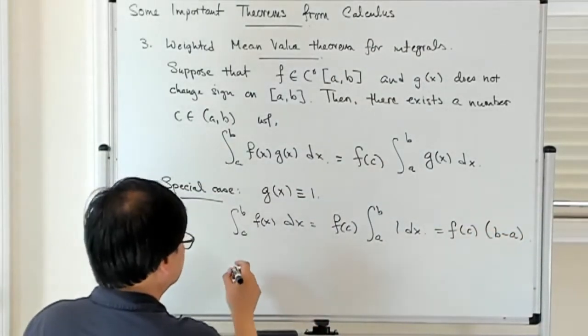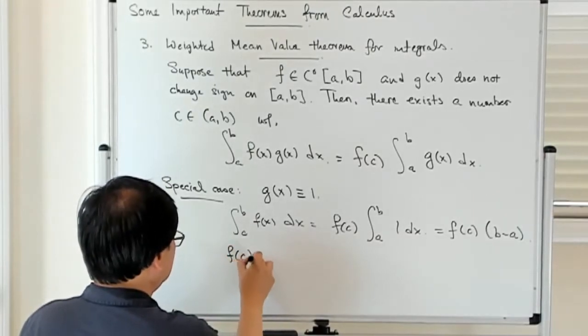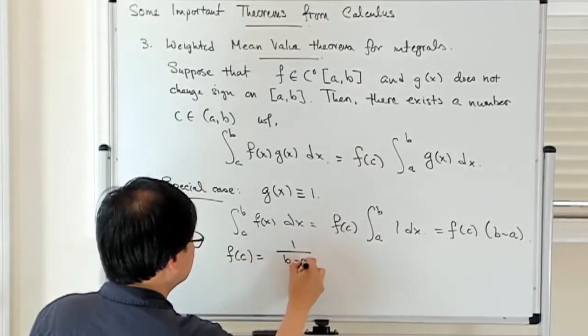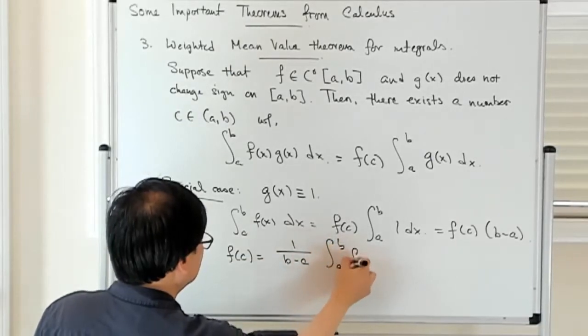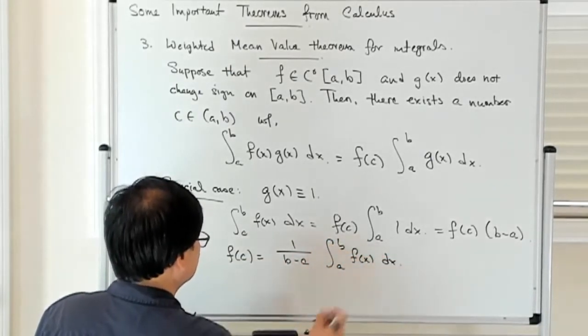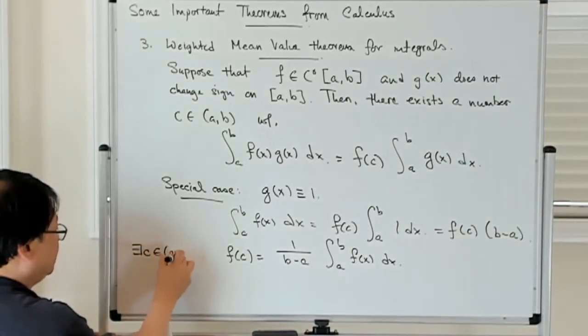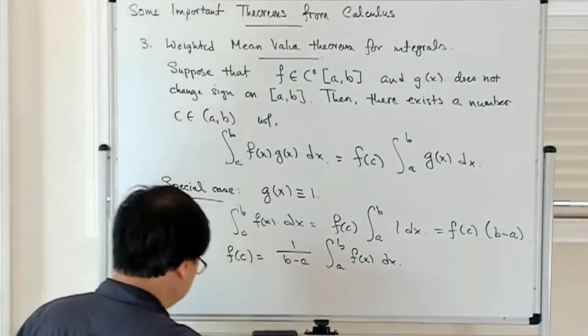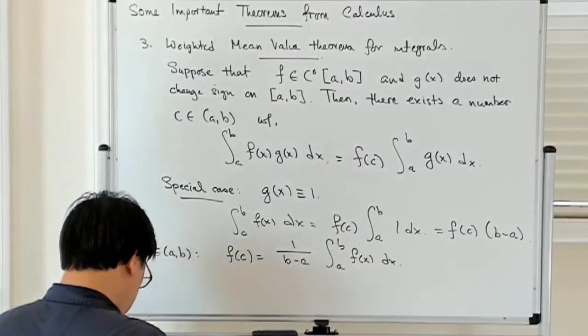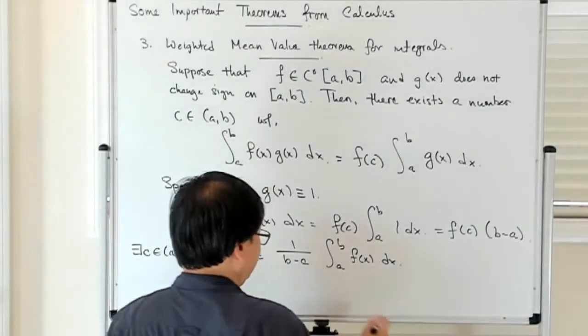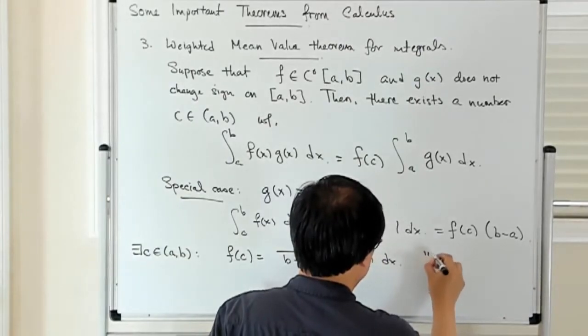So this says that f of c is equal to 1 over b minus a times the integral from a to b of f of x dx. So there exists c in the interval from a to b such that this condition holds. This is the average value of the function, in some sense.